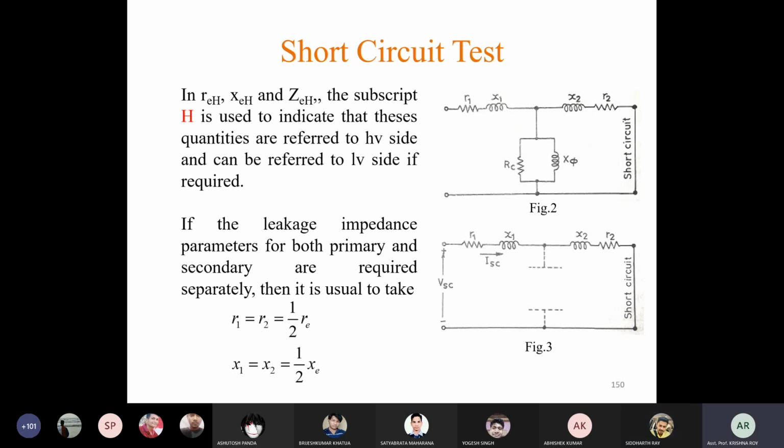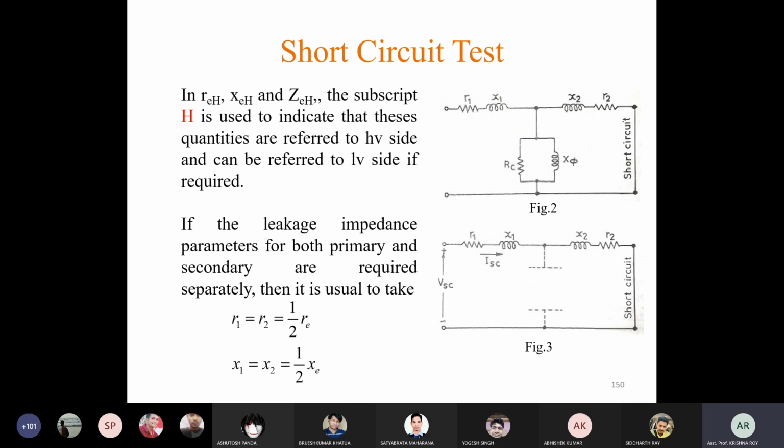That is valid for a 50 Hz transformer. If the transformer operates at higher frequencies, then the X1 and X2 values will not be equal. So that is not required here.